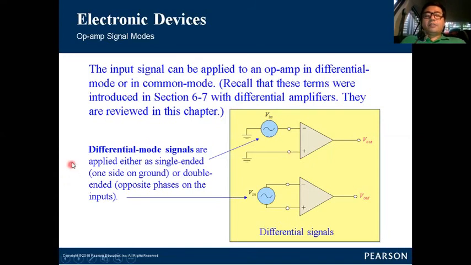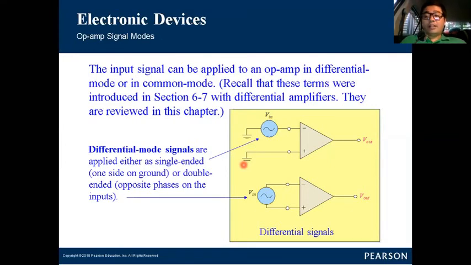The first type of differential mode signal is what we call the single-ended. So when we say single-ended, isa lang ang signal na ipinapasok natin sa ating operational amplifier, like this one. We have an input signal here applied to the inverting input of your op-amp, and the non-inverting input is directly connected to the ground.